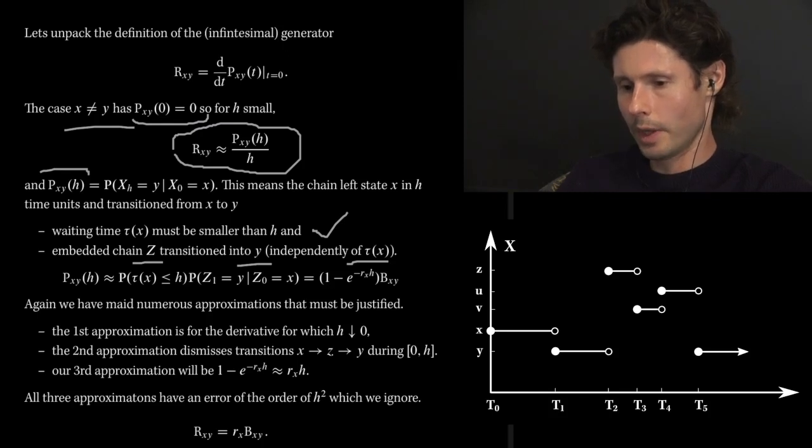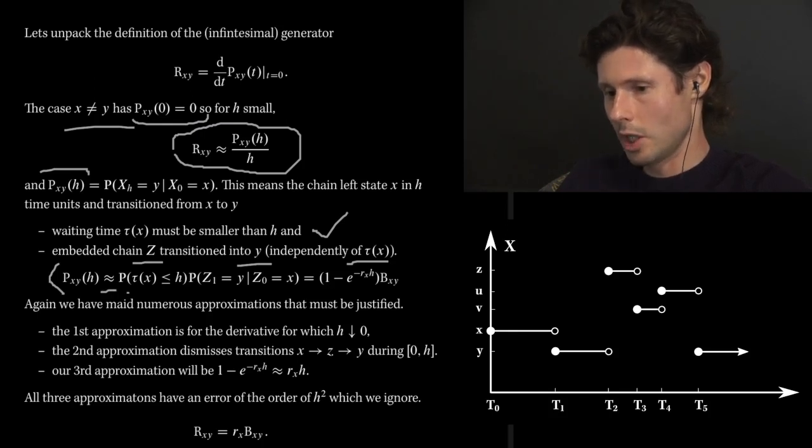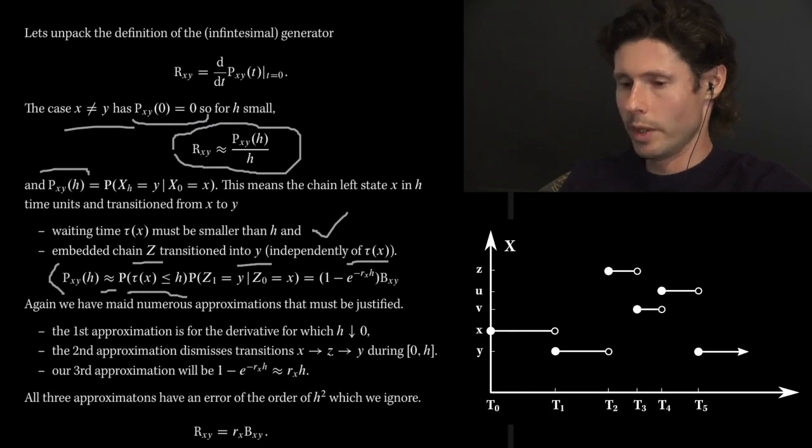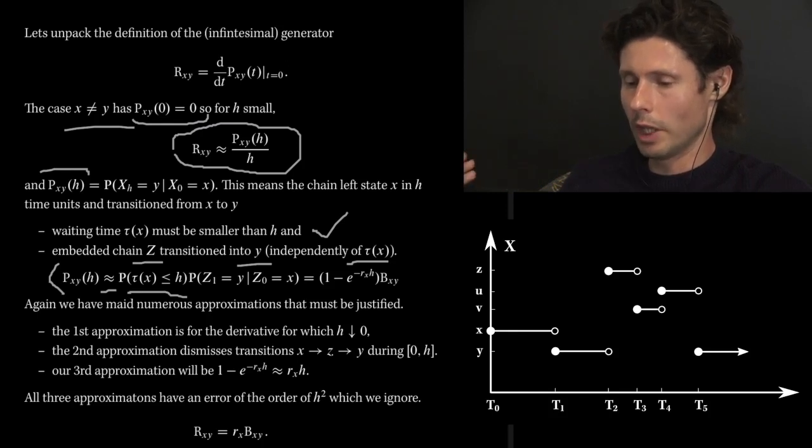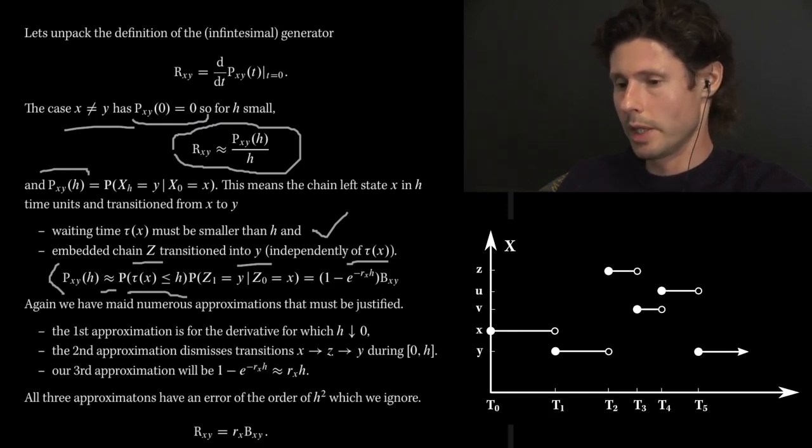And now we can make the following approximation. I'll talk a little bit about why this is an approximation in a second, but let's digest these two terms. The embedded chain is independent of the waiting time, so I'm just going to multiply the two probabilities that I need. The first one corresponds to the fact that we actually switched state in the time allotted, right? We're given h time units. This probability is saying we've actually changed the state, meaning the waiting time is less than h.